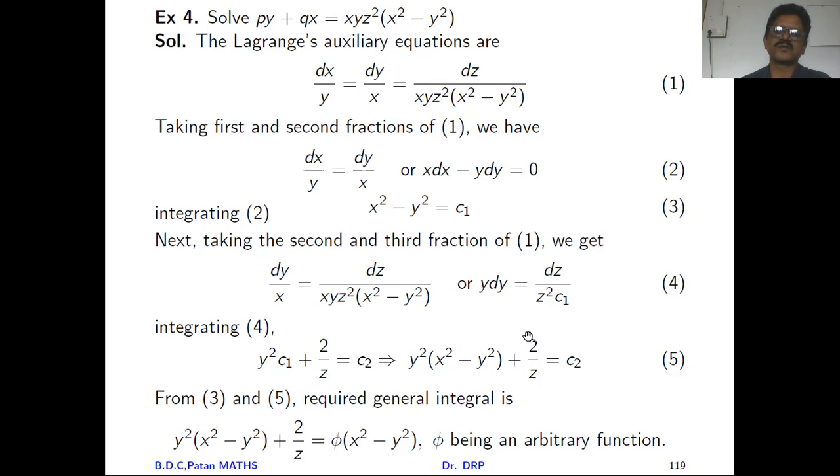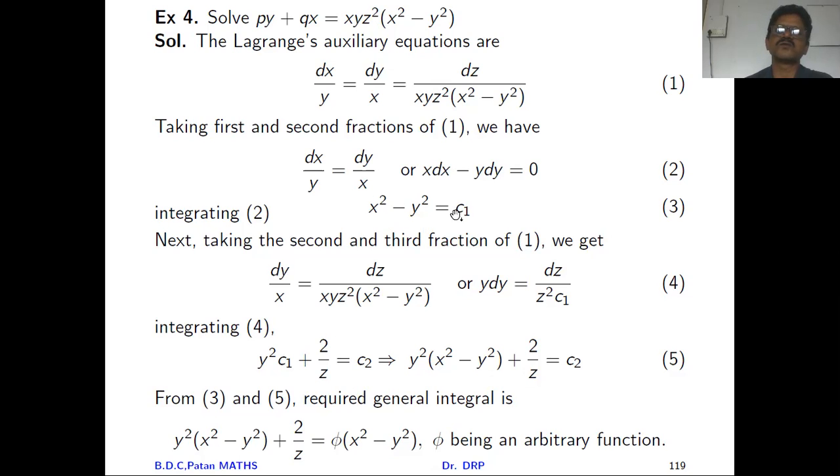And then resubstitute the value, simplify, it gives the required solution. No need to multiply by z, only put here the value of c1 as x square minus y square. It gives another solution, y square as it is, value of c1 is x square minus y square, plus 2 upon z equal to c2.